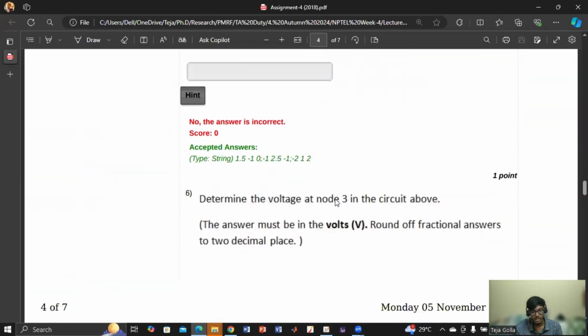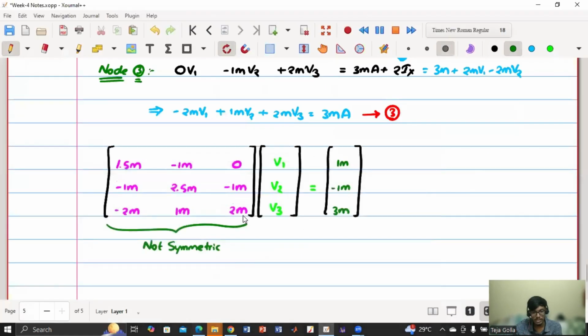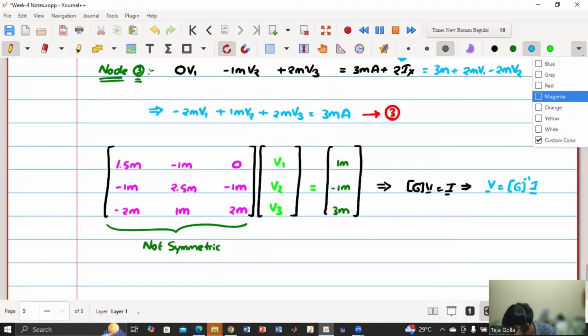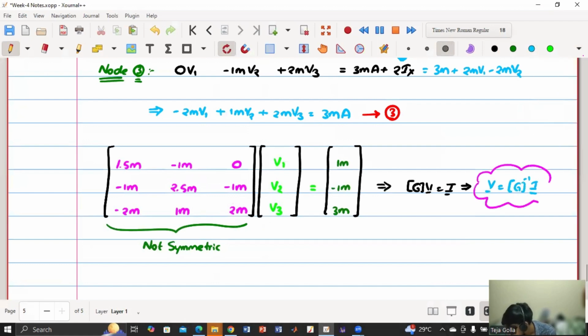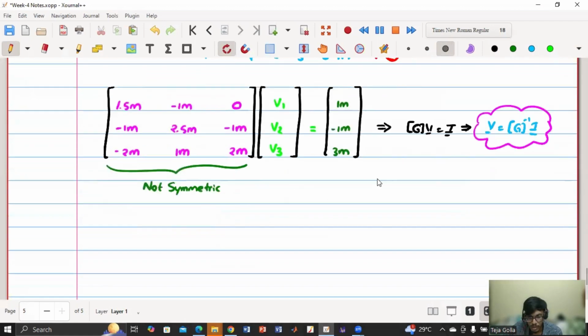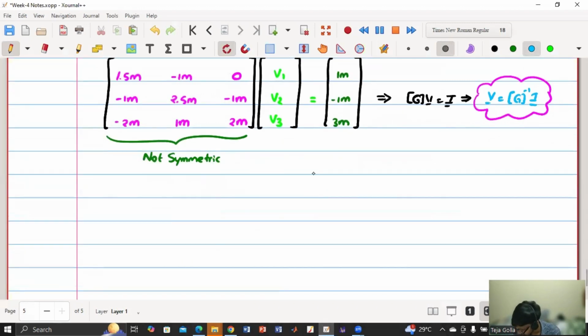Now they are asking again the voltage at node 3. So first we got the matrix. So this can be written as G, the conductance matrix, into V bar is equal to I bar. So from this we can get V bar is equal to matrix G inverse into I bar. So you can check it later, but I'll just give you the V1, V2, V3 expression so that later you can check.